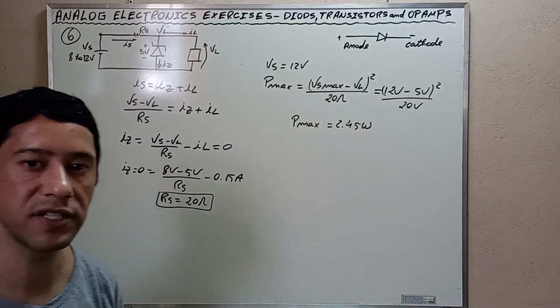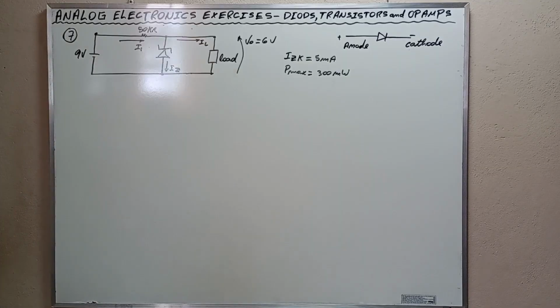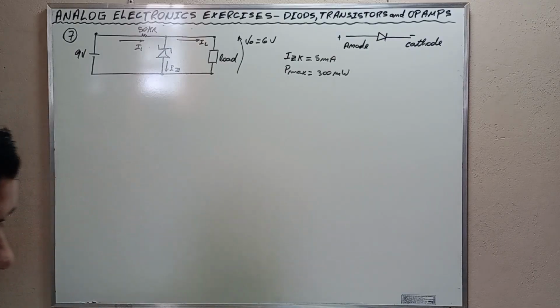Let's go to exercise number 7 now. Exercise number 7. The Zener diode of the figure has a knee current of 5 milliamps and a maximum allowed power dissipation of 300 milliwatts.